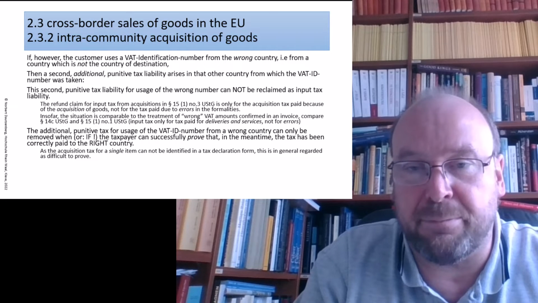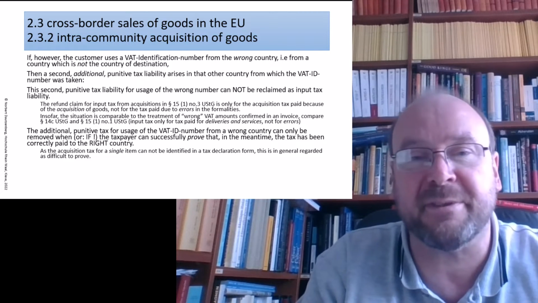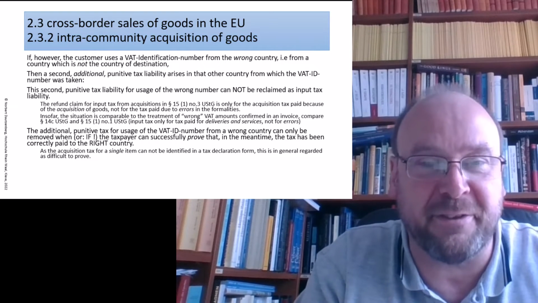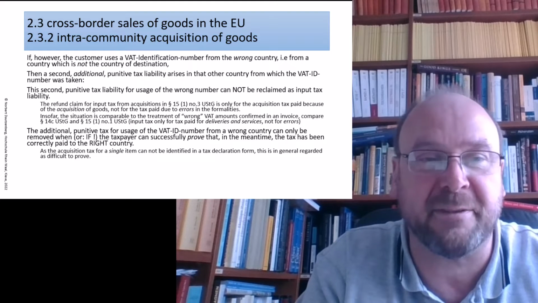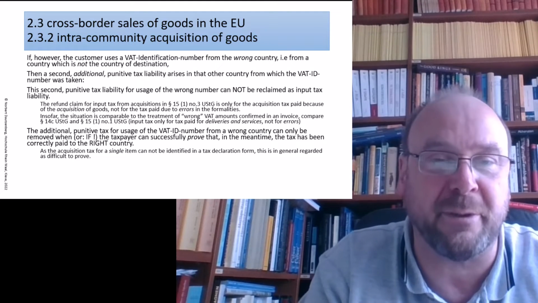In principle, however, that is difficult to prove. Nobody in the fiscal administration knows which documents would be sufficient to prove that you paid the acquisition tax for one single transaction in a foreign country or in your own country.